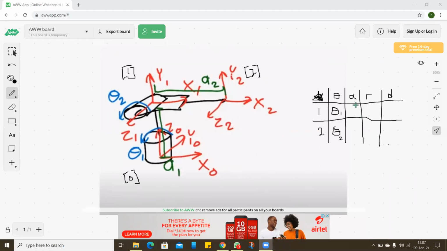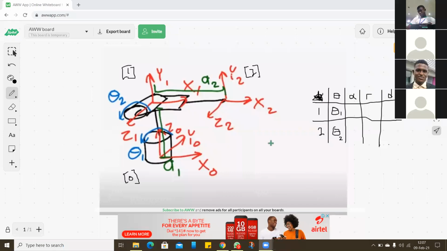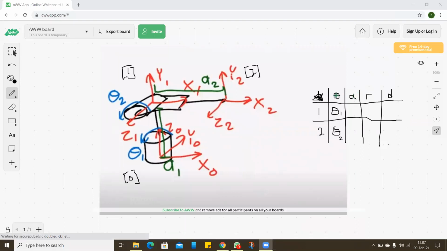Now, alpha. What is the rotation of this frame? Is that alpha or is it A, because you wrote it like A? Alpha in the diagram. Theta is the joint angle.